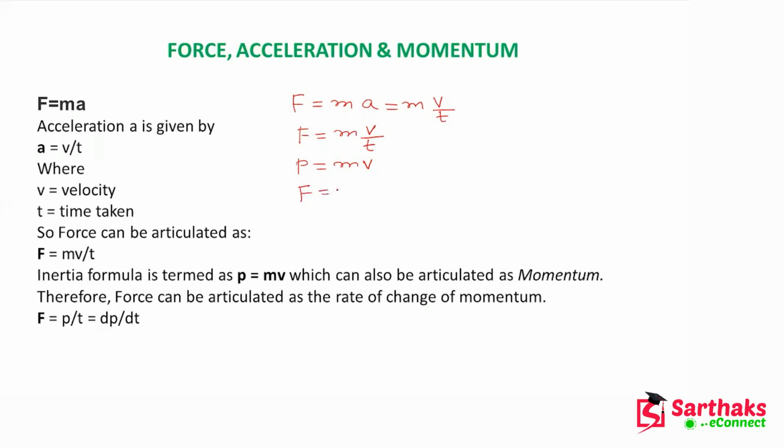Force also equals P by t, or the rate of change of momentum with respect to time. So force is mass into acceleration. Again, acceleration is v by t, velocity per unit time. If we substitute this, you will get mv by t. If we have to find it in terms of momentum, then F equals P by t, the rate of change of momentum with respect to time.